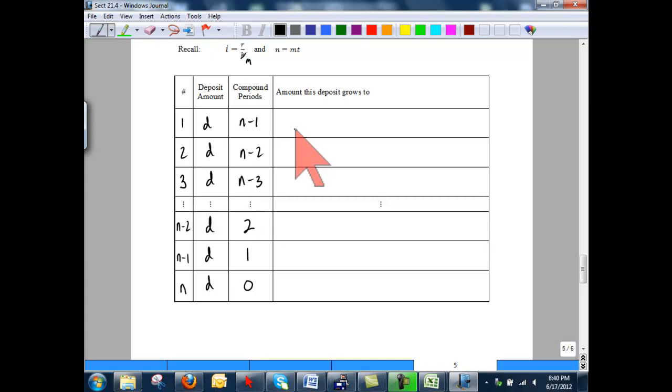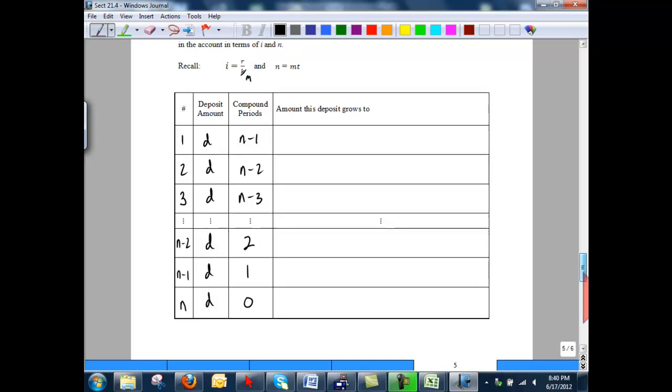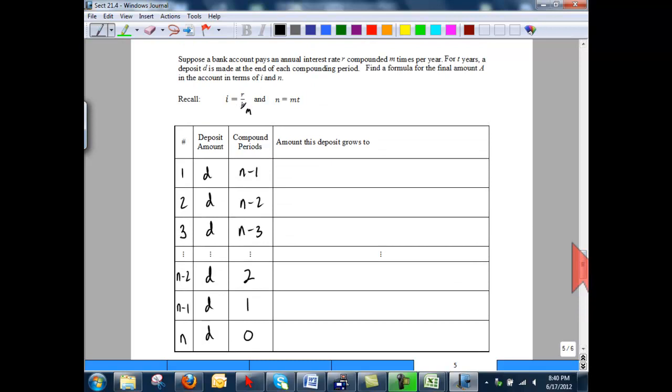How much does this amount grow to? The formula for compound interest was D times 1 plus the per period interest rate, that's I, to the number of periods that this amount was compounded to. Well, that was n minus 1.